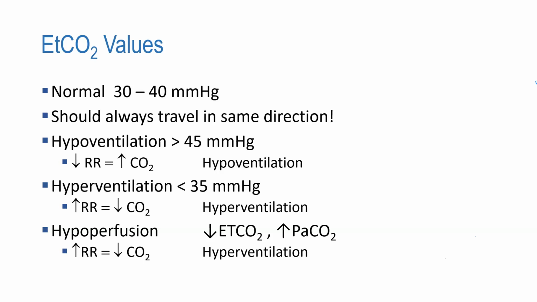End-tidal should always go in the same direction as arterial CO2. So if my end-tidal CO2 is down and my arterial CO2 is up, my very first question is, does this patient have a pulmonary embolism? Does he have an alteration in blood flow? I'm not clearing the CO2 because my blood flow past my alveoli is ineffective. Does that make sense?